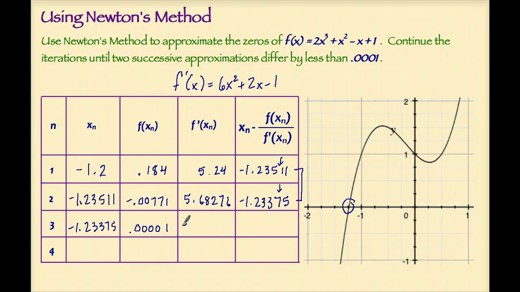Our first derivative here, 5.66533. And our next approximation then is negative 1.23375. Let's examine these two approximations. Again, we want them so close that they differ by less than 1/10,000th. Well, since they are exactly the same and the numbers in the 10,000ths place are exactly the same, they are so close that they differ by less than 1/10,000th. So we can stop here, and this can be our final approximation for this problem.